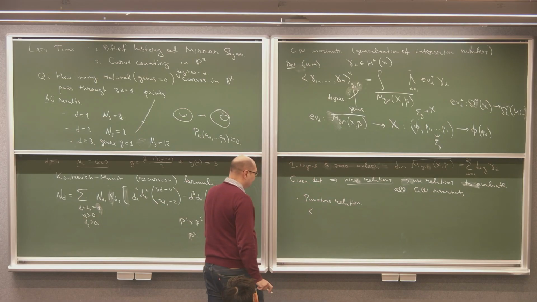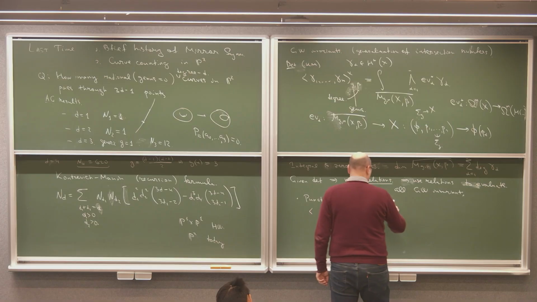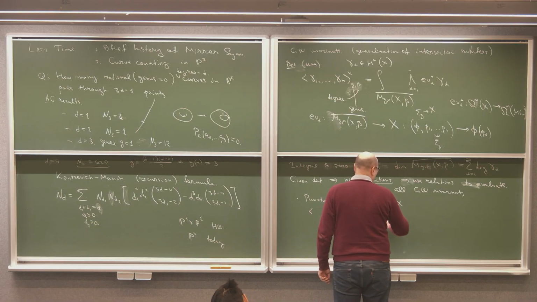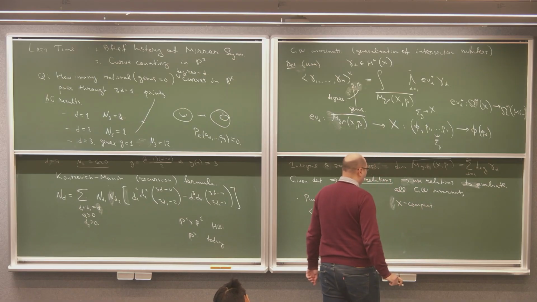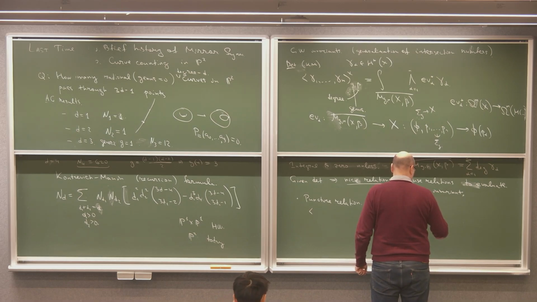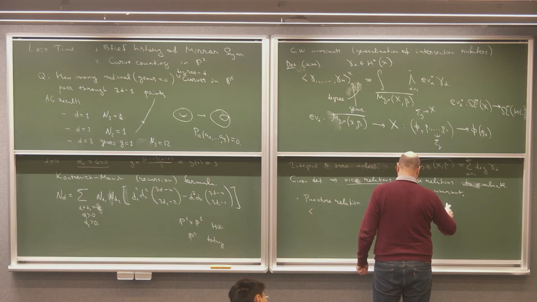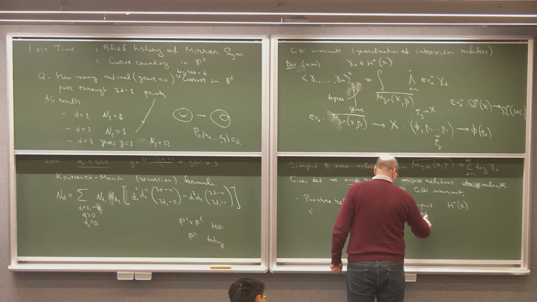And it works in the following way. So in all our constructions, x is compact, and for compact x, we have compact and connected.